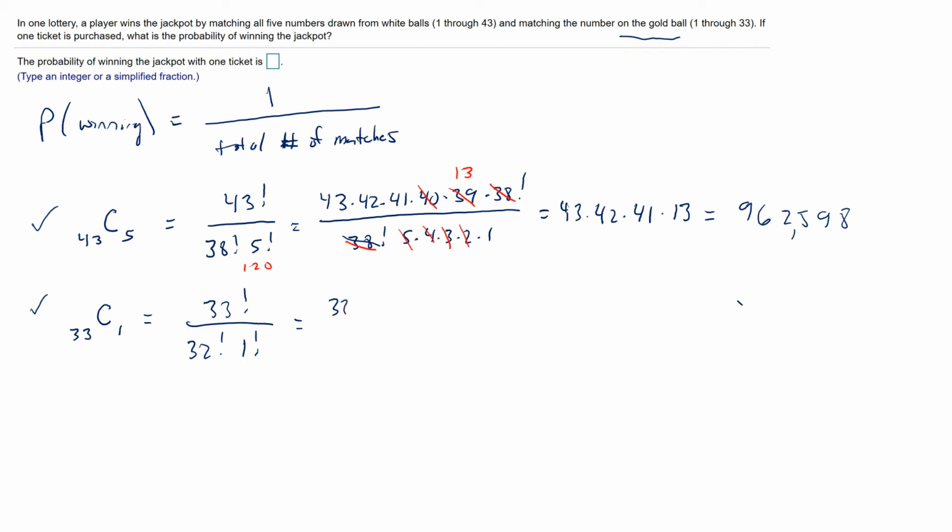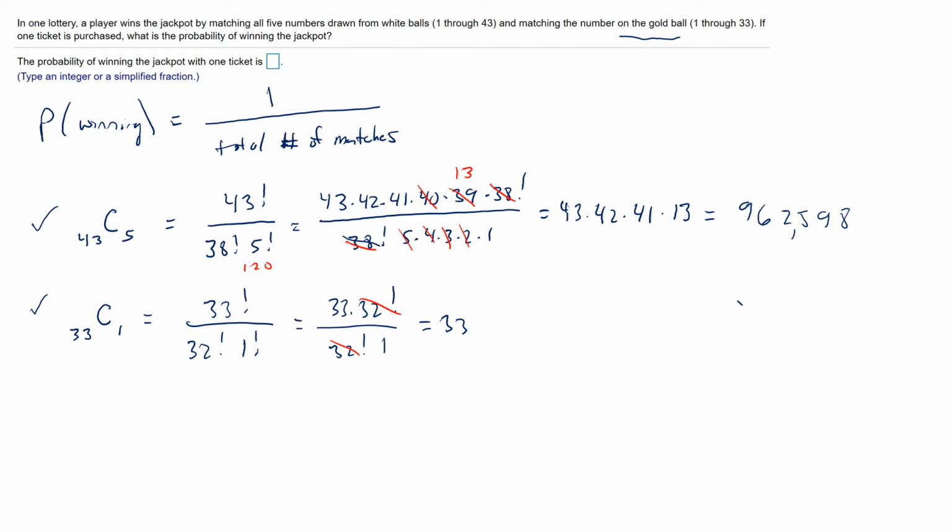So we have 33 times 32 factorial over 32 factorial, and 1 factorial is just 1. The 32 factorials cancel out, and we're left with 33. Anytime you're just choosing 1, the answer will just be the number that you're choosing from, right? If there are 33 numbers and I'm choosing 1 at a time, there'd be 33 groups that could be made.